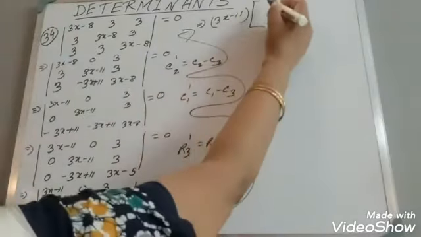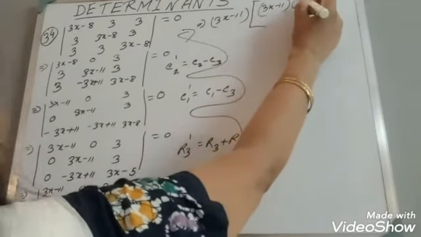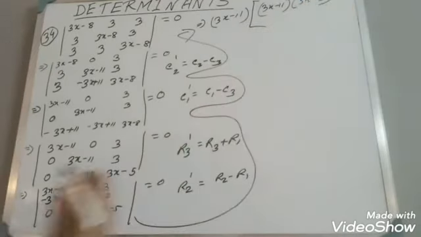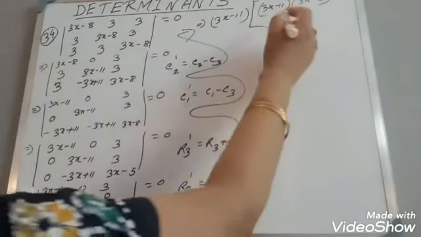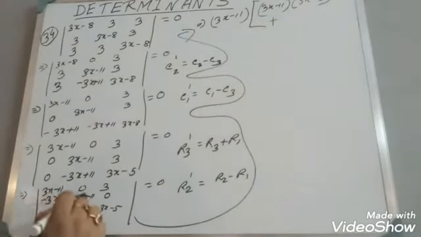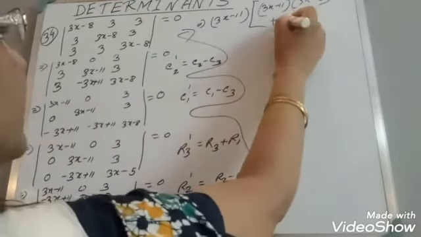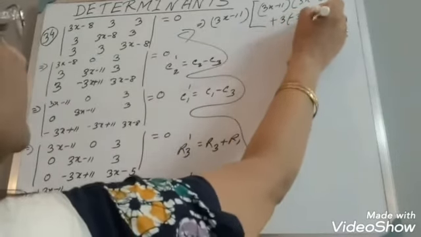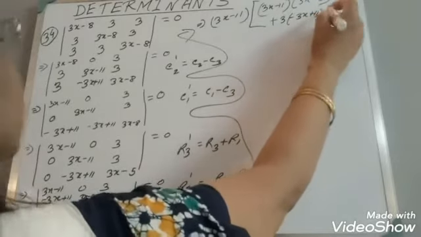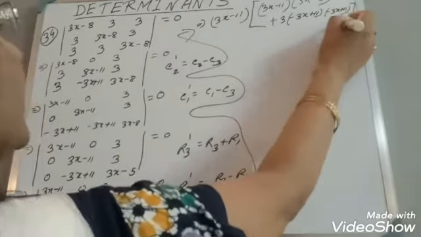So let us do it. 3x minus 11 into 3x minus 5, that part will be 0. Next part, minus 0 into this, that part will be again 0. Then plus 3 into this: minus 3x plus 11 into minus 3x plus 11 minus 0. So we will write plus 3 into minus 3x plus 11 into minus 3x plus 11, which is equal to 0.